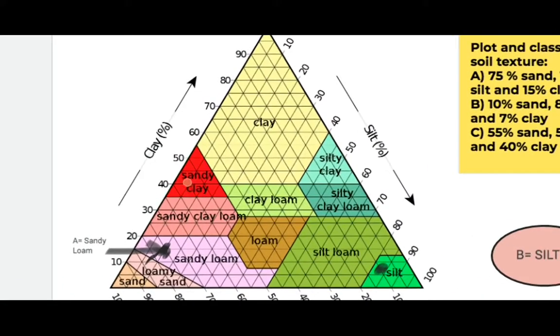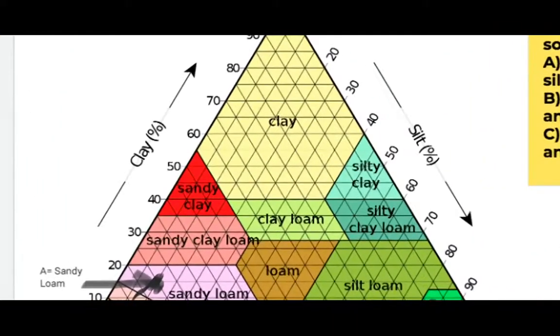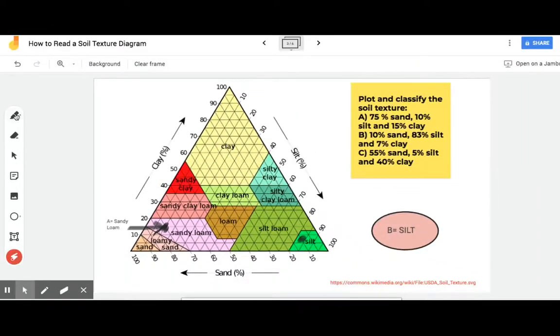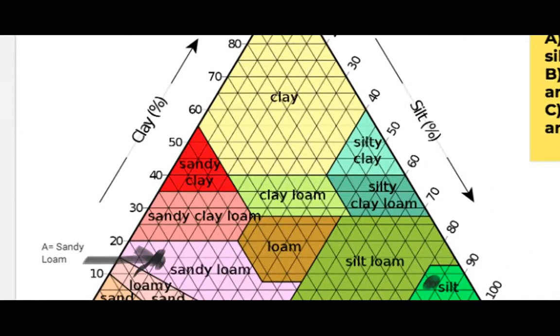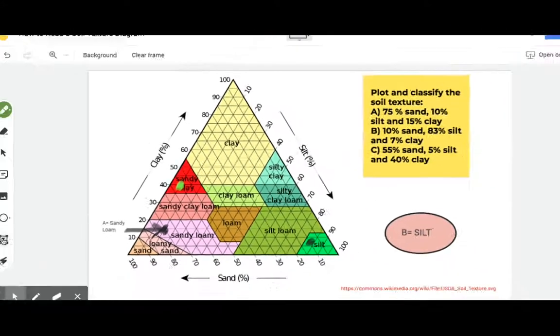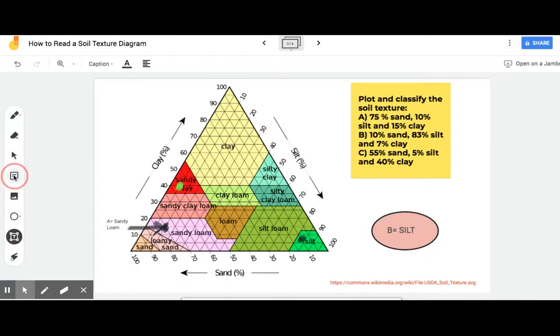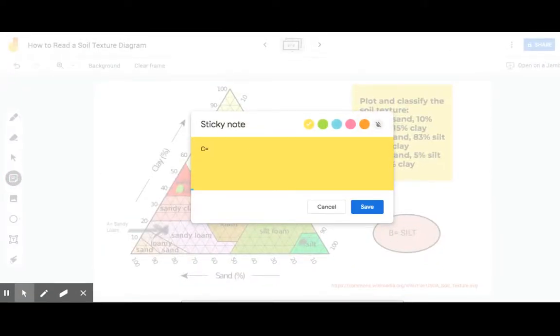Therefore, I'm going to put my dot here because this is 55% sand, 5% silt, and 40% clay. I'll get a marker. This time I don't want to use red because it's not showing, so I will use green. So my dot will be here. And I will use a sticky note this time. So letter C is sandy clay.